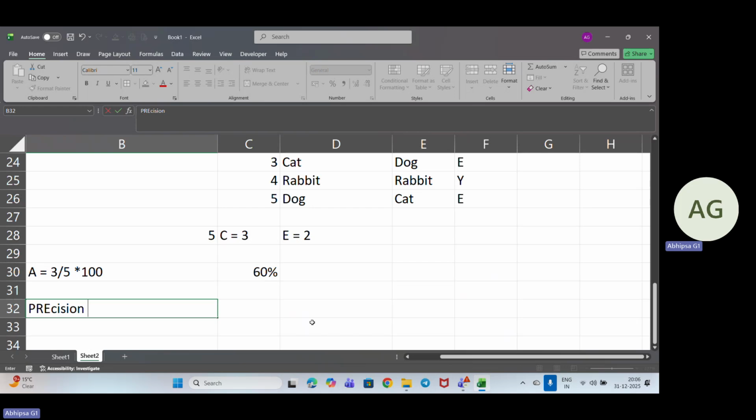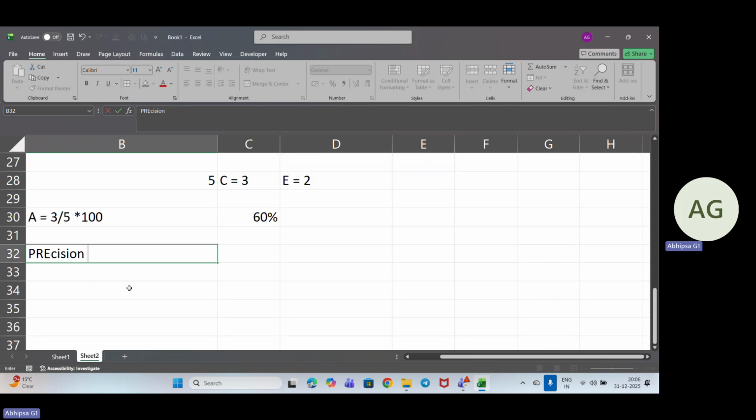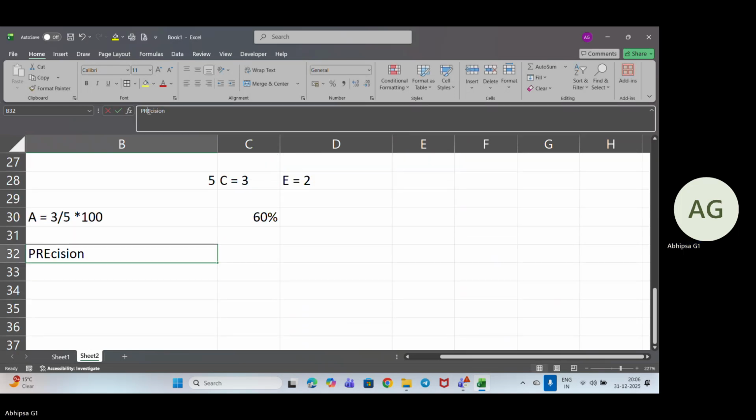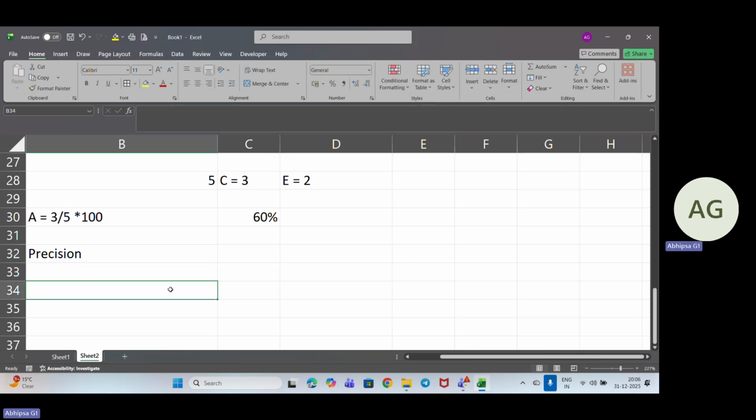Now, let's take an example on this. Precision is candy picked.